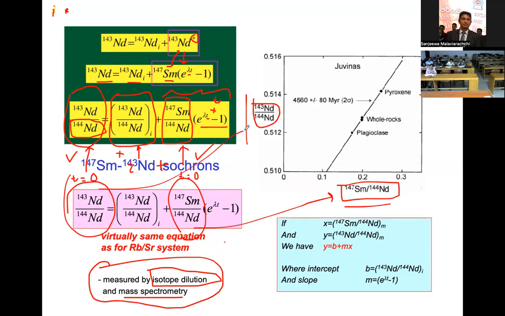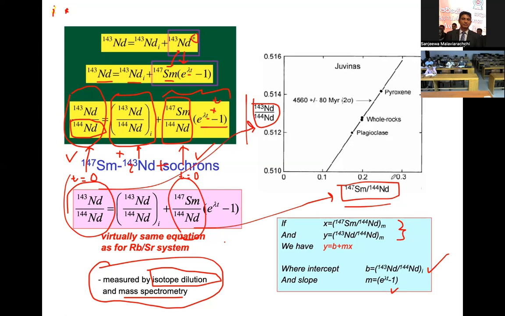You remember y equals mx plus c. So here you see y and x, and from the intercept you get the initial ratio, and from the gradient you get the date, or the time t, the age of the rock.